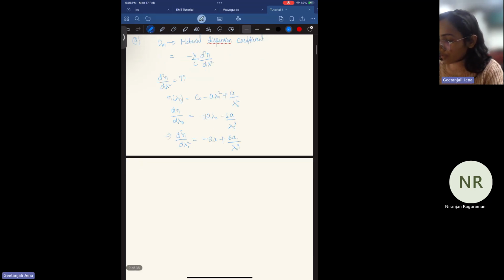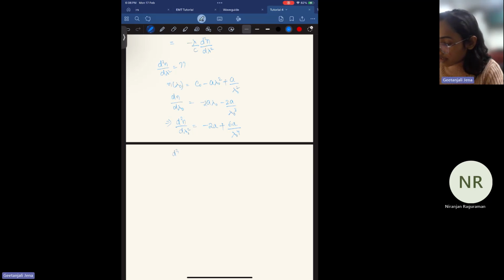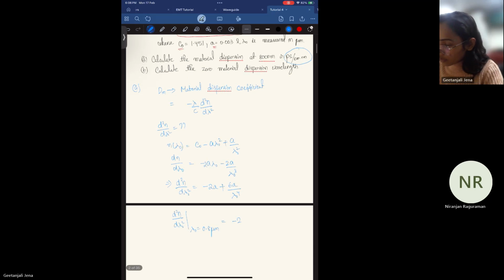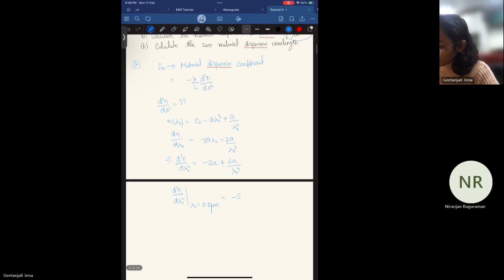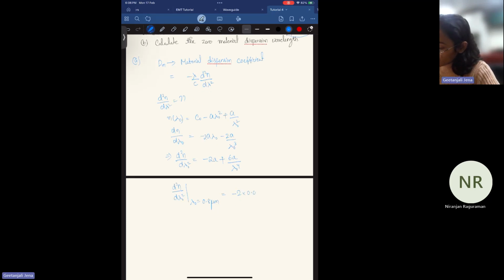So to find d square n by d lambda square at lambda_0 of 800 nanometer, which means 0.8 micrometer, it is minus 2 times 0.003 plus 6 into 0.003 divided by 0.8 to the power 4.